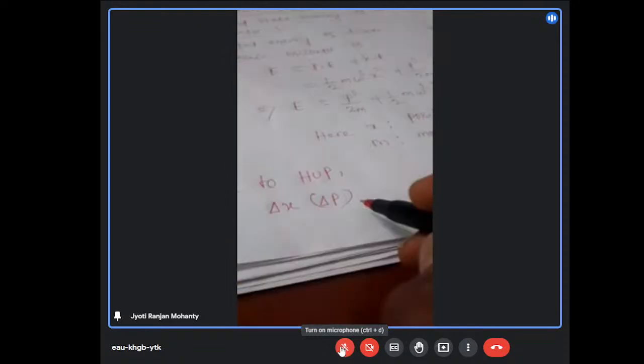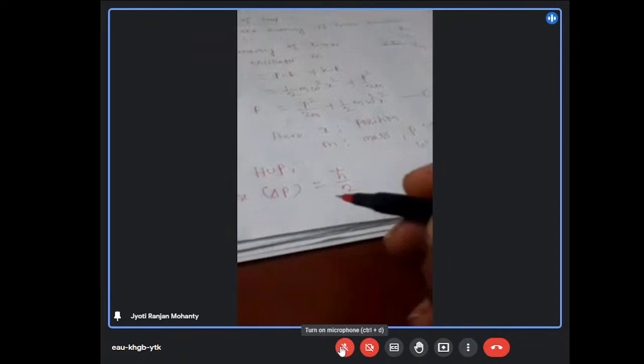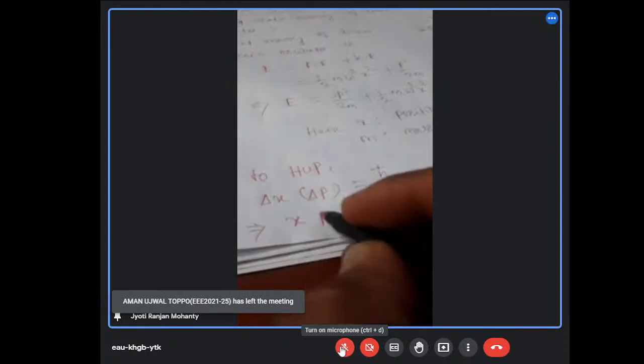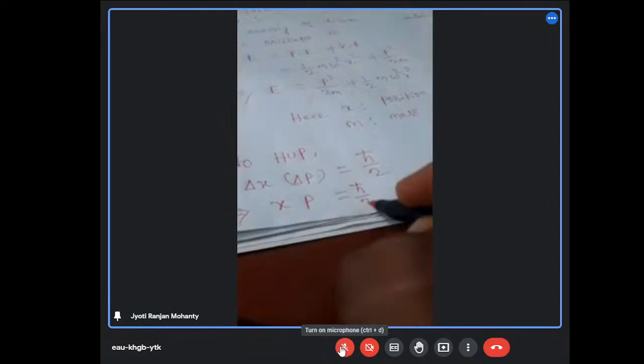According to HUP, delta x into delta p is greater than or equal to h cross by 2. I take it as equal. Let delta x be equal to x and delta p be equal to p, so x p is equal to h cross by 2. Here I have taken one assumption.